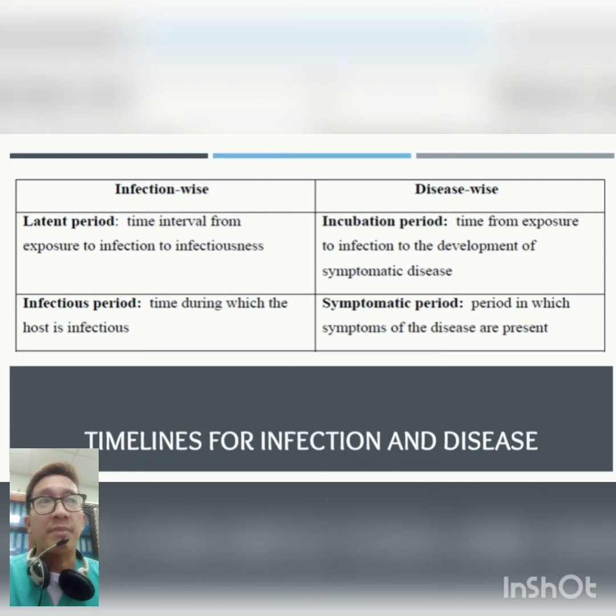Under disease-wise, the symptomatic period is the period in which symptoms of the disease are present. So, infection, you are infectious. Disease, there is the appearance of signs and symptoms, but sometimes it is not really infectious, depending on the case of the patient or the person.